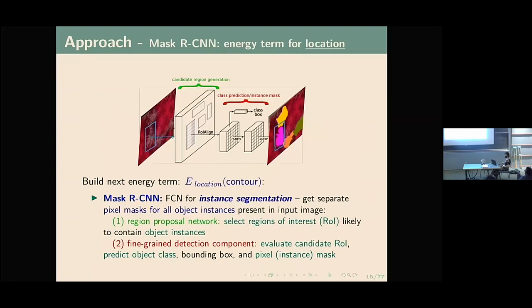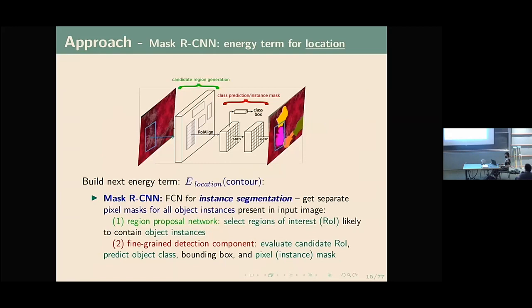So the Mask RCNN represents a state-of-the-art and generic image instance segmentation. At a high level, it consists of two major components. The region proposal network, or RPN, is a lightweight neural network that efficiently scans the input image in a sliding window fashion, this part, and finds areas that are likely to contain objects, so regions of interest, ROIs.